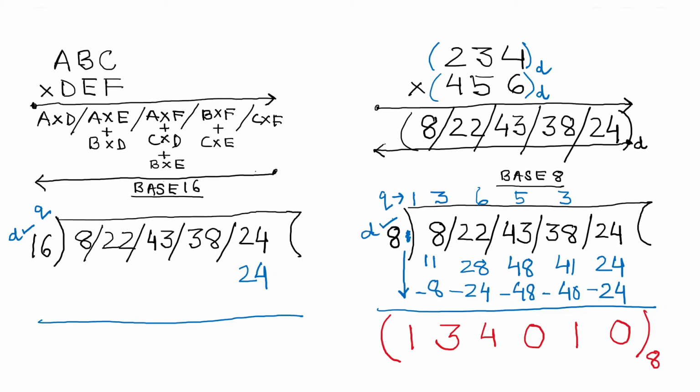So the very first dividend that we are going to take here is 24. So we know 16 into 1 is 16. Now the next dividend is no longer 38, it is 39. Now 16 into 2 is 32.